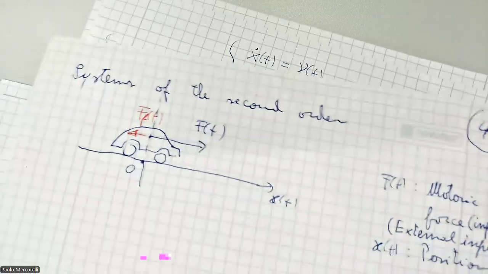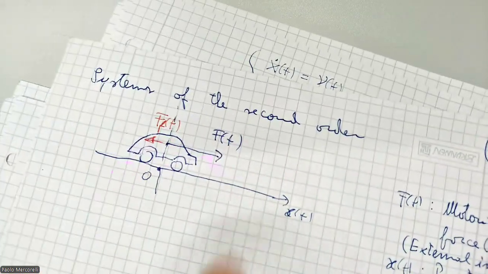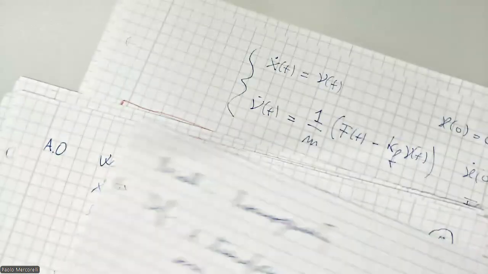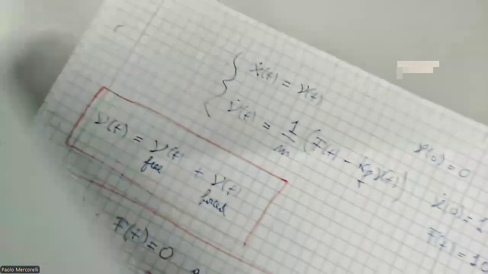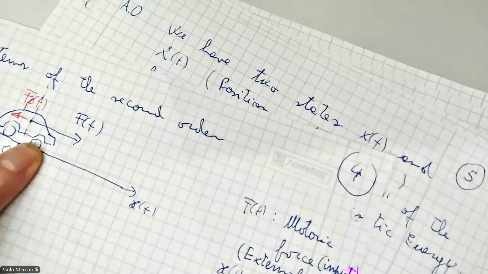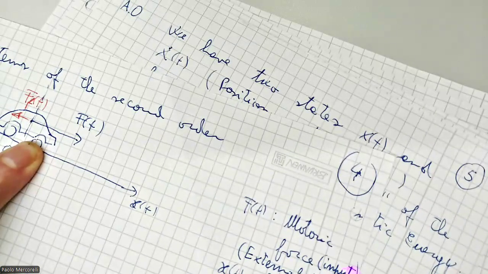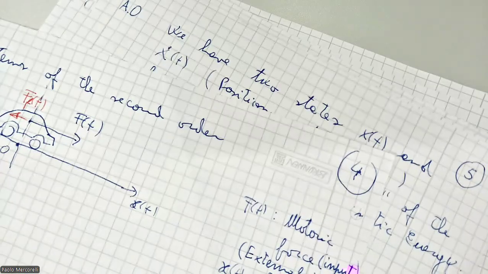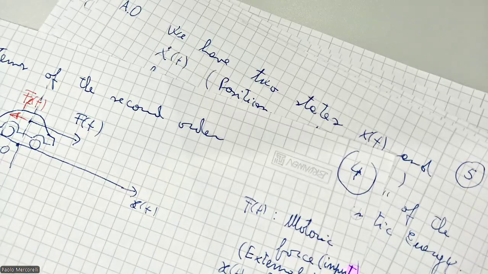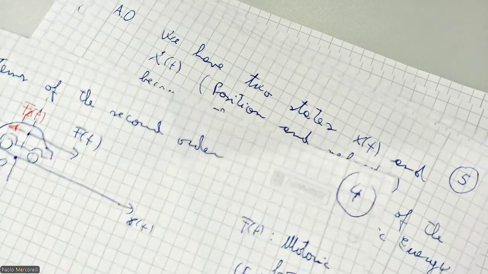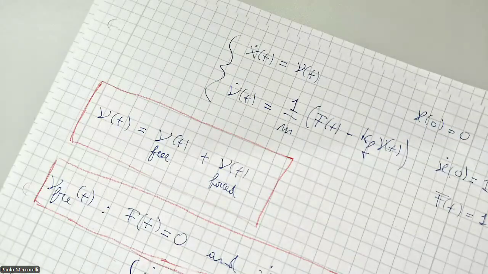Do you remember this? This was the last exam. But this system here has two states, remember, position and velocity. The position states the work, the velocity states the kinetic energy. Both are forms of energy.